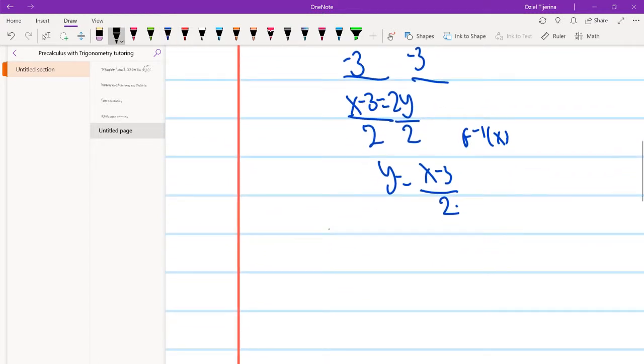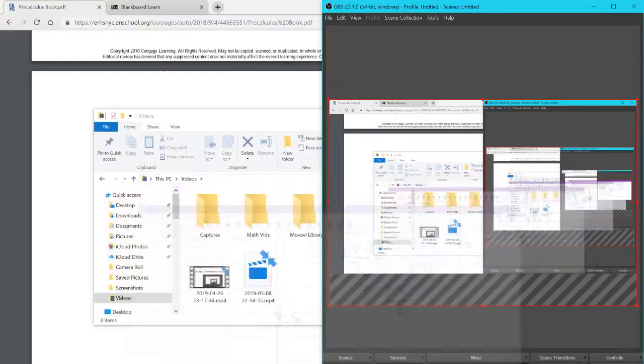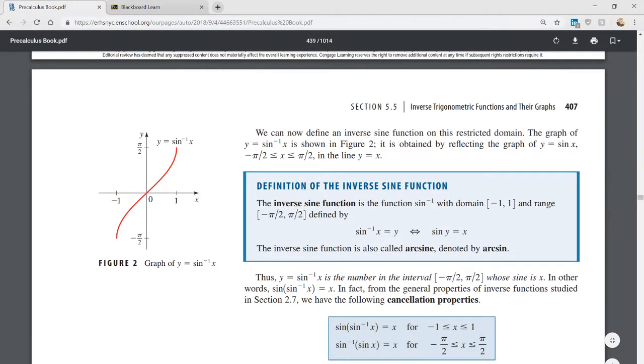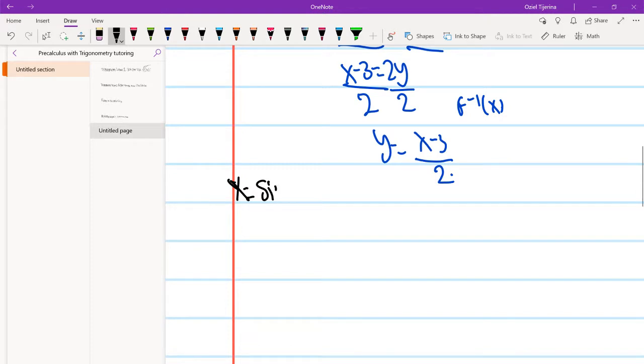If you think about the 6 trig functions that you learned earlier, like the book says, if you had x equals sine of y, to get the inverse you would say y equals sine inverse of x.